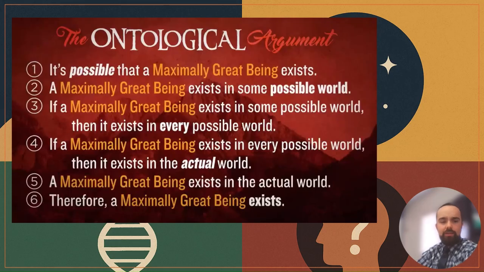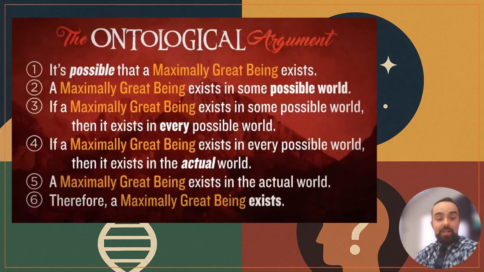But if we keep going, we get to the 4th step. If a maximally great being exists in every possible world, then it exists in the actual world. And because the atheists have already objected to point 3, they're not going to concede point 3, so they're not even going to have an opinion on point 4. They won't get that far.